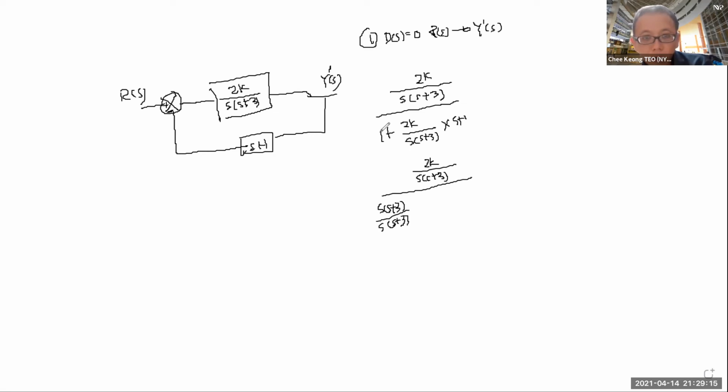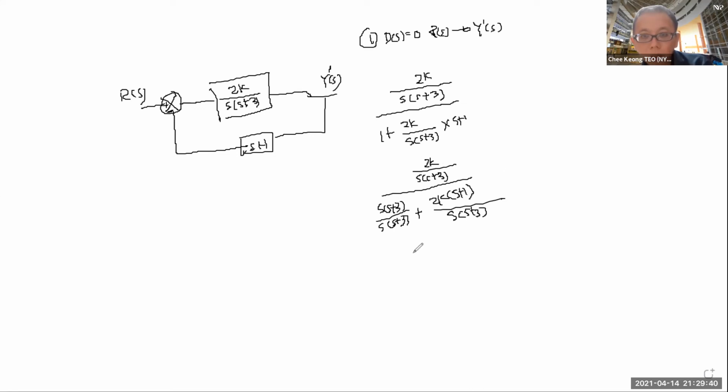Now this is equivalent to 1, because the same thing divided by itself is 1. I choose the same denominator for all because I want to sum the denominator up, right? So here you multiply in 2k multiplied by s plus 1 over s plus 3. So right now you see that all the denominators are the same.